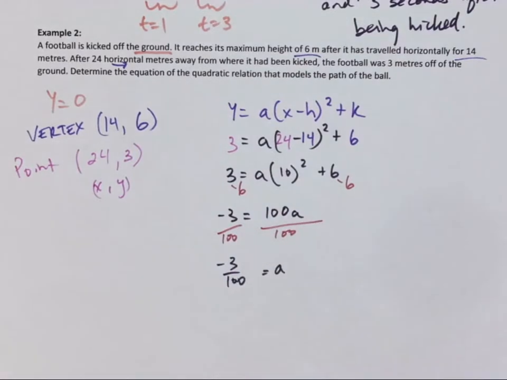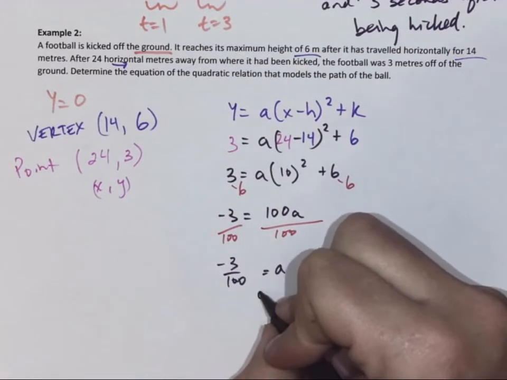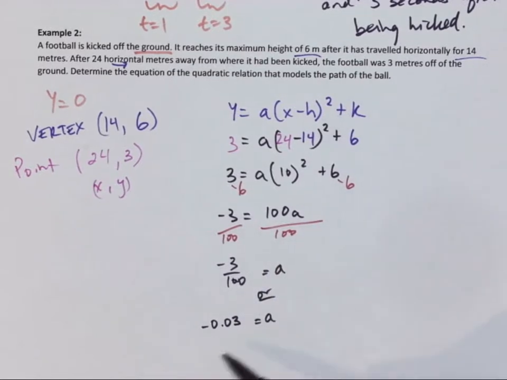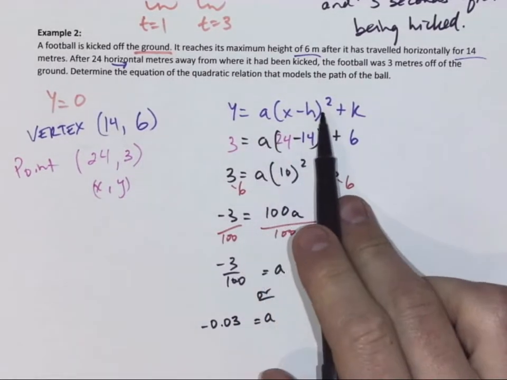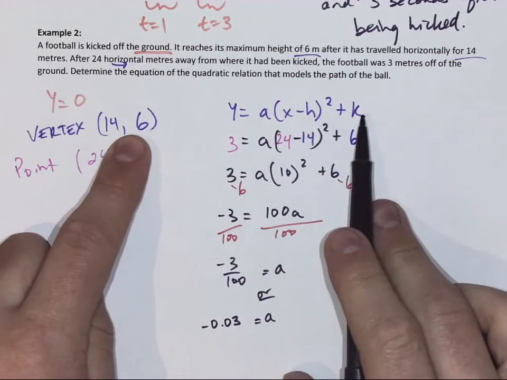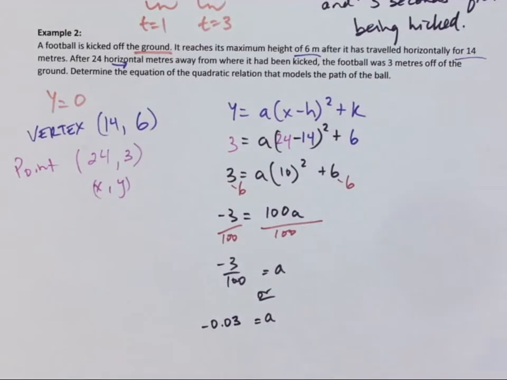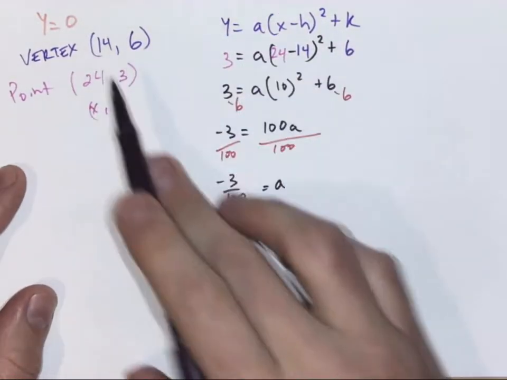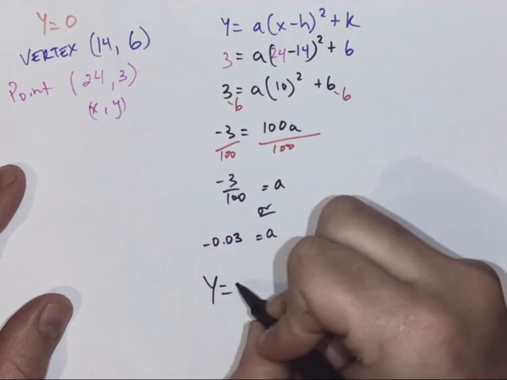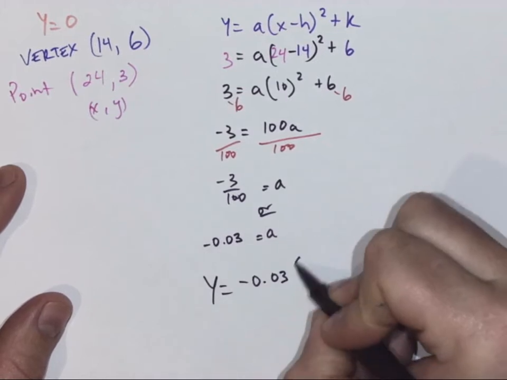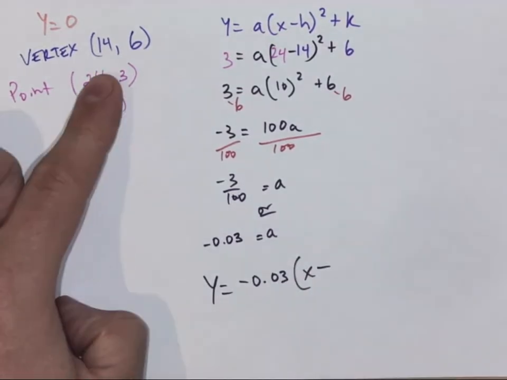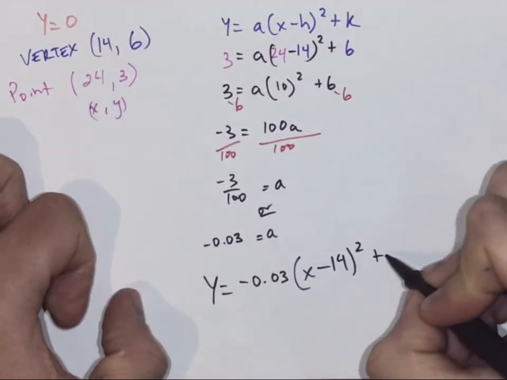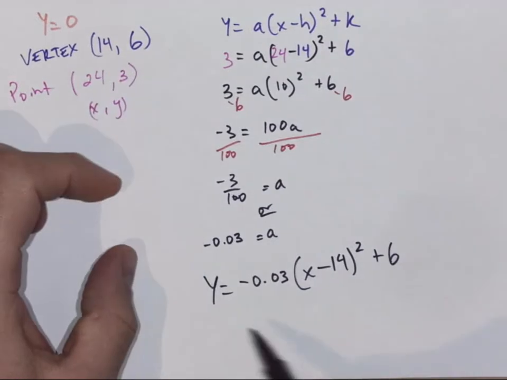Negative 3 over 100, or if we turn that into decimal, negative 0.03. Now we have an A value, we have an H value, we have a K, we have all we need for our formula. So our formula, our equation that represents that situation, X minus our vertex 14 plus the height at our vertex 6.